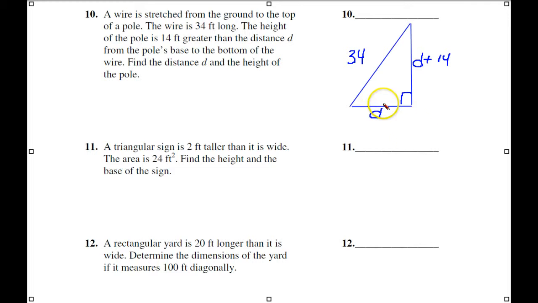Well, we're going to square this. We're going to square that. And that will equal this squared. So here's what it looks like. d squared plus d plus 14 squared equals 34 squared.